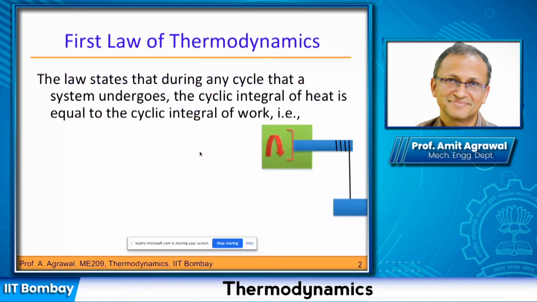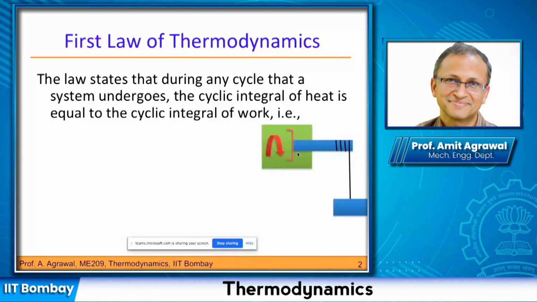We had introduced this statement of the first law, where we said that the first law is coming because of the way the experiments were done. There was a gas in a container and a fan which was rotated, and the fan was doing work. And of course, that increases the pressure and temperature of the gas inside the container.